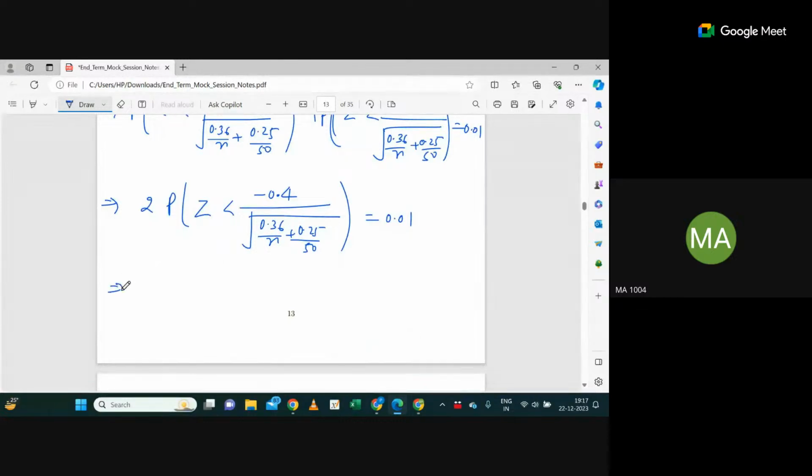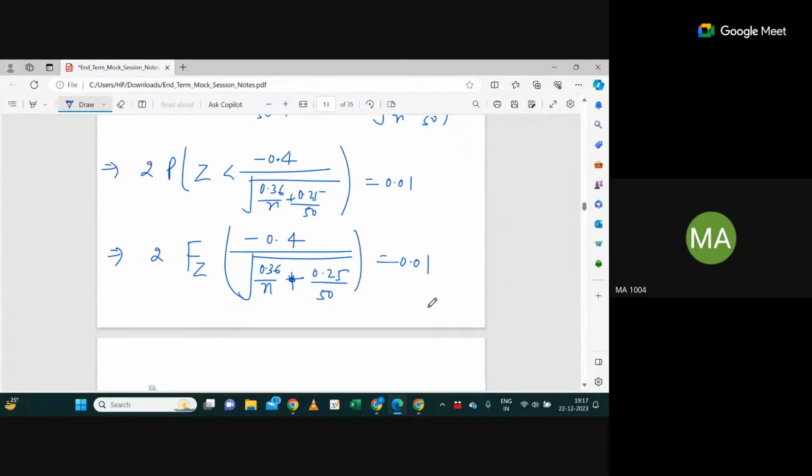It is 0.01. Now it will be 2 times FG, which I can write because it's already on the less than side, right? Yes. So 0.36 divided by n plus 0.25 divided by 50 equals 0.01.